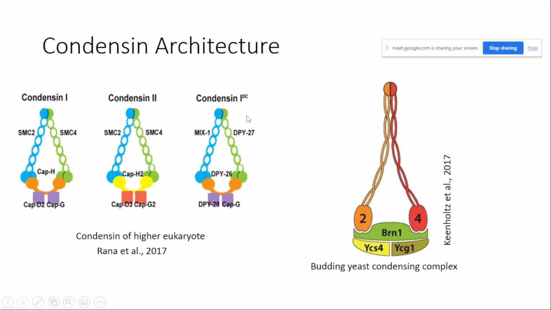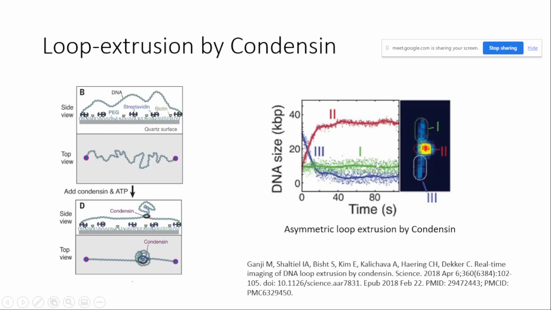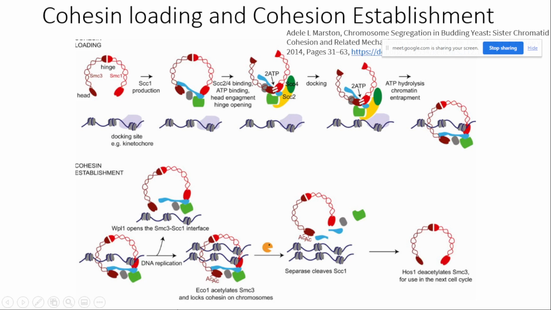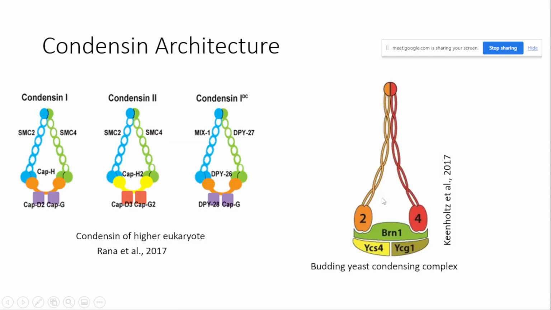Okay. And in the budding yeast condensin complex, the architecture is SMC2, SMC4, and a kleisin, BRN1, which interacts with SMC2 and SMC4.